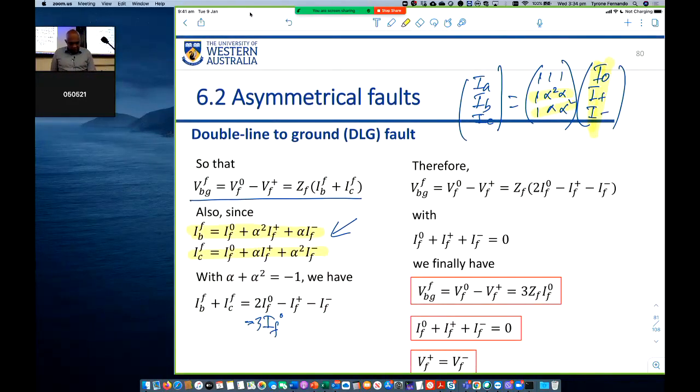If you sum IBF and ICF, you're summing these two equations together.